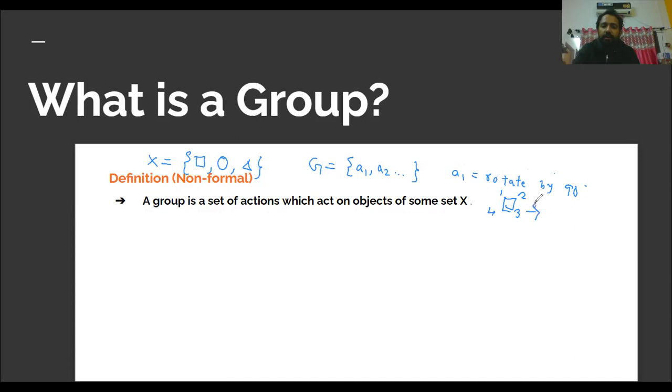On applying A1 from the group G, the resulting square would become 1, 2, 3, 4 rotated. Thus, the element A1 of group G acts on the square of set X. So this group of actions will act on the set of objects X.